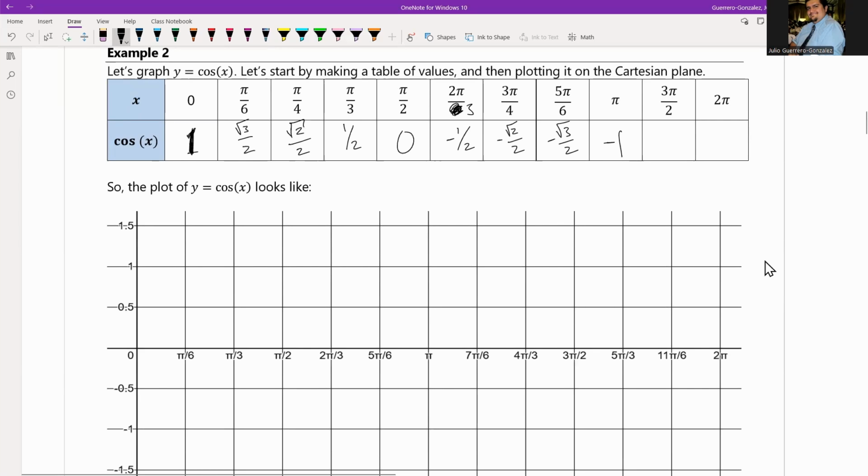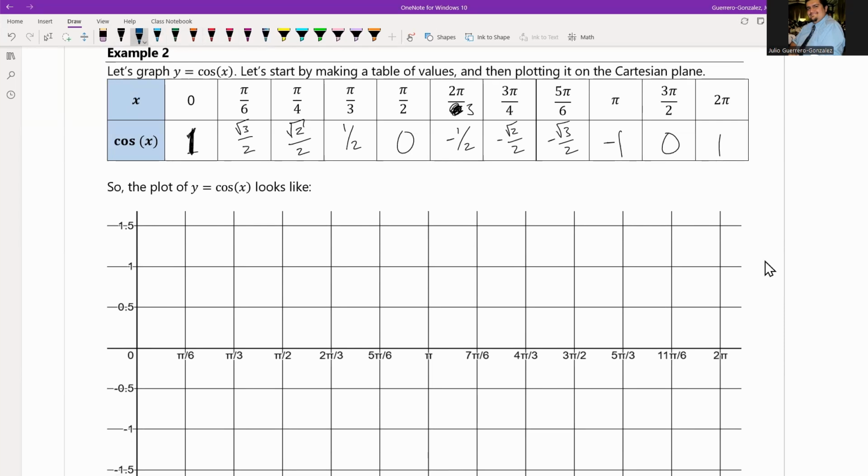So again, just like before, here's my unit circle. We went up to right here. We went halfway across. And then there's 2 more points that I have to fill out, 0 and 1, just to expedite the process here. So I'm going to do the same thing that I did for sine.